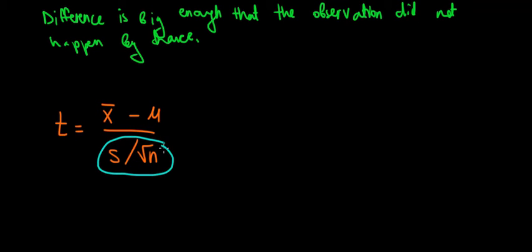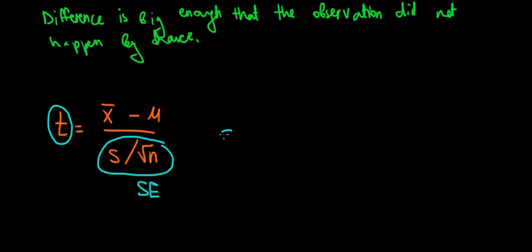Just so you know, in the future, sometimes you will see not s divided by square root of n, but just a number here. That number is the standard error. And this value shows by how many standard errors our sample average is far away from the population average. That's what the t-value is showing.